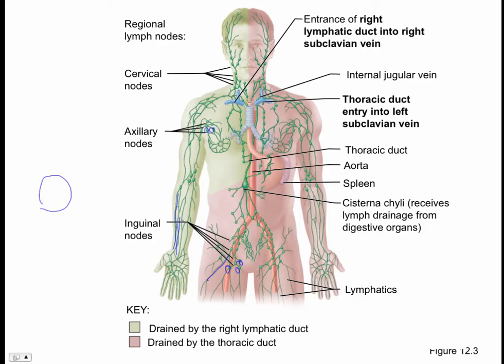And once you do that, it can also circulate, enter back into your right subclavian vein or your left subclavian vein, go back towards your heart, and you can circulate all of those cells within your body.